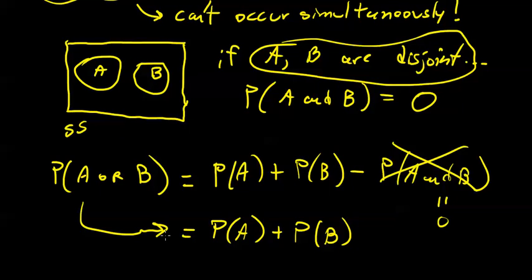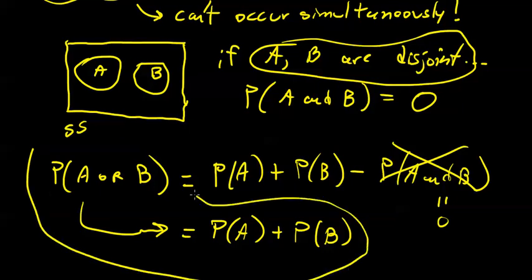No overlap. Okay? Remember that for disjoint events. It gets a little easier if you can prove events are disjoint.